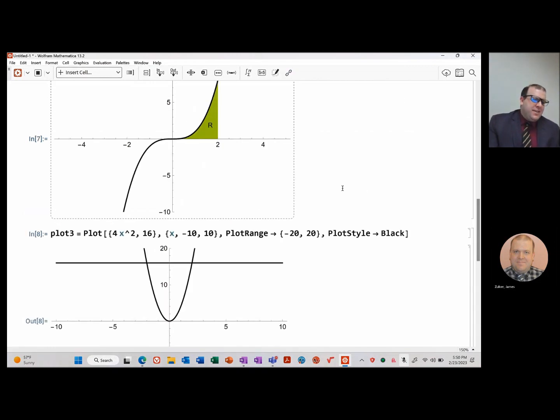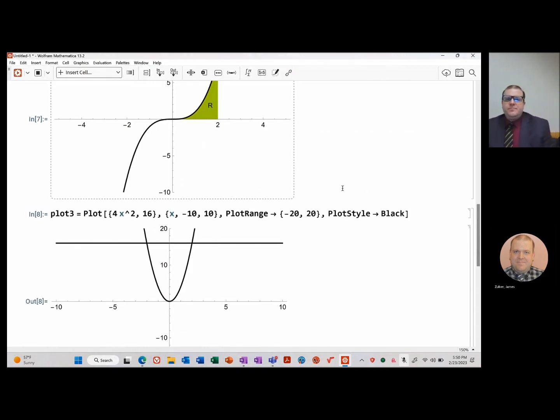So we're being bounded by 4x squared, 16, and x equals 0. What does x equals 0 represent? What is it? Not the origin.